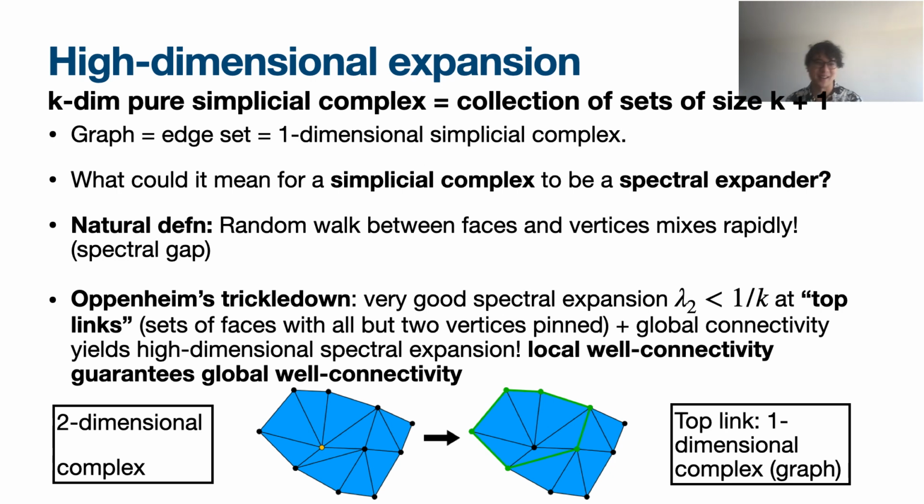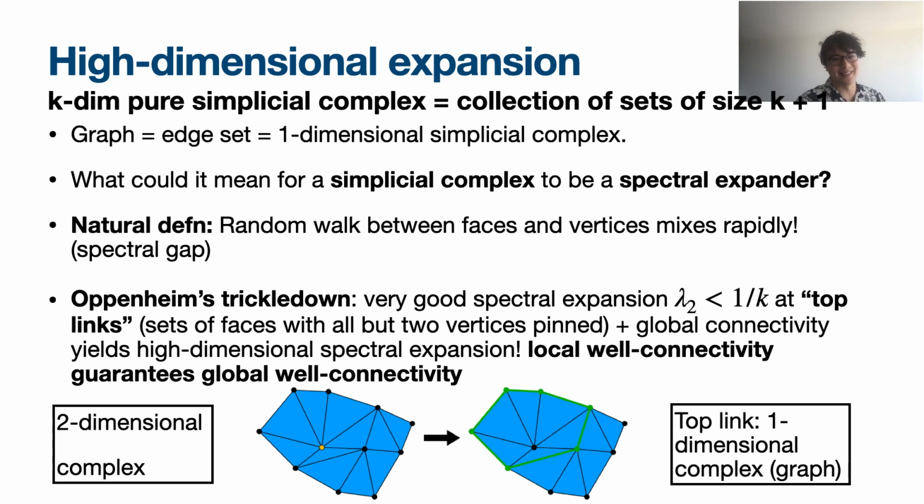And all right, here's the key thing. The trickle down says that when you look at the set of faces which have all but 2 vertices shared, and you look at the restriction of the walk among these faces, so you're going to be at a face, you're basically going to drop one of the vertices that's not required to be there, and then you're going to add in another one of the vertices that's allowed to be there, and see what face you end up at.